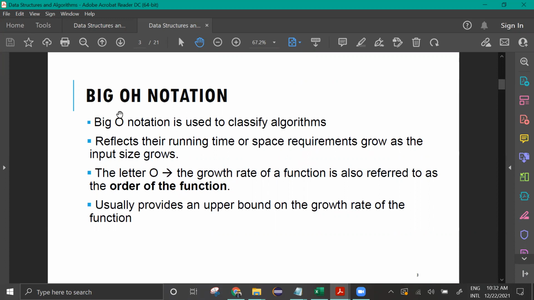Right? So big O notation is used to classify algorithms. As I told you, it reflects their running time or space requirement.